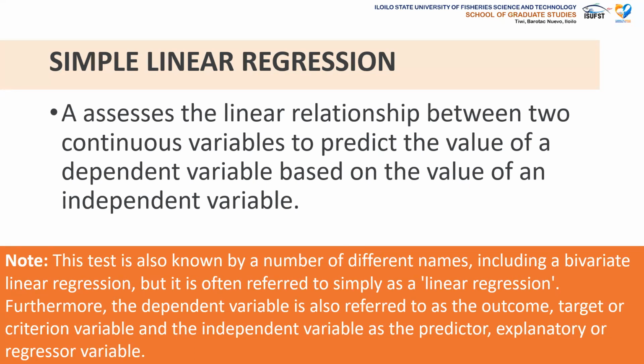This is also known as bivariate linear regression, but the most popular name is simply linear regression. The dependent variable is also referred to as the outcome, target, or criterion variable, and the independent variable is known as the predictor, explanatory, or regressor variable. Okay?